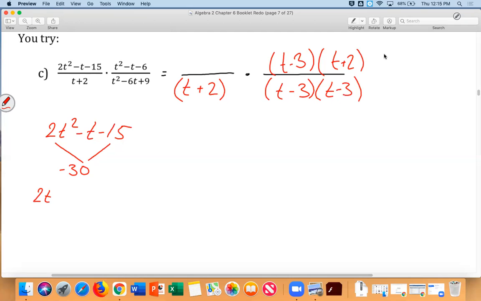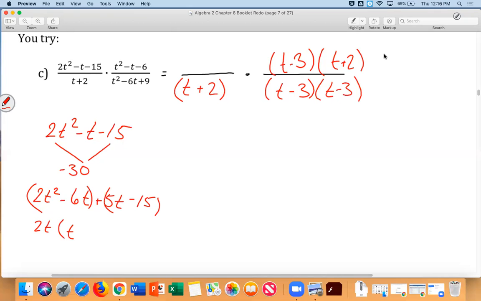So it's 2t squared minus 6t plus 5t minus 15. Notice negative 6t and 5t gives me negative 1. Now I'm going to factor this, right? So in the first bit, that has a 2t that can be factored out.